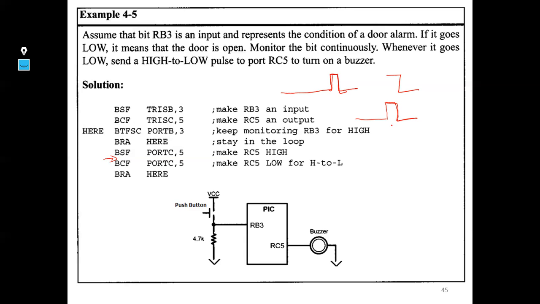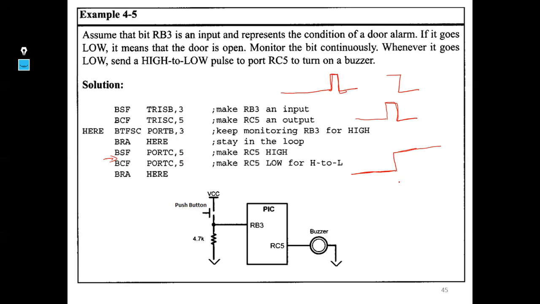Okay, Doctor, can I have the opposite, low to high? Send low to high or not? So if it is initially low and you use low to high, what does it mean? You have to make it low and then you have to make it high. So it will be beeping continuously, okay?